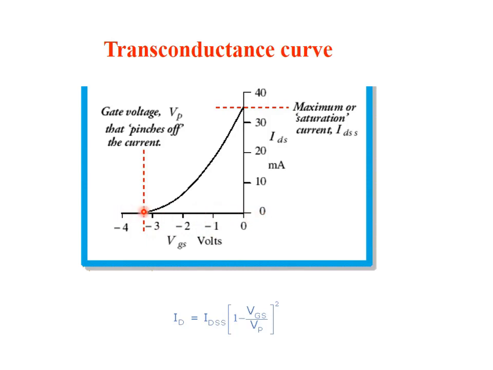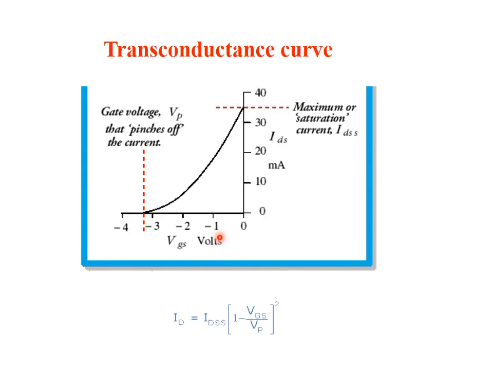This one represents VGS, and this one represents the drain current. So in another way, this is the input and this is the output. So it's the relationship between the input and the output. And as you can see, the transconductance curve is the drain current ID versus the gate to source voltage VGS.